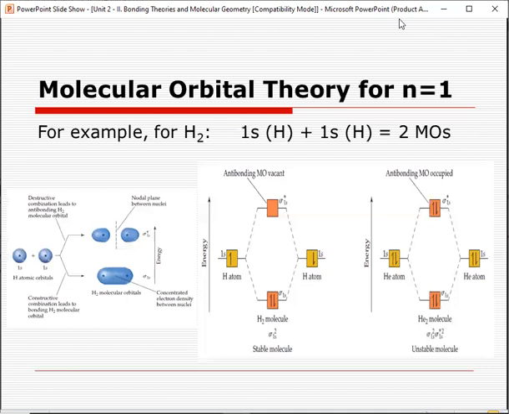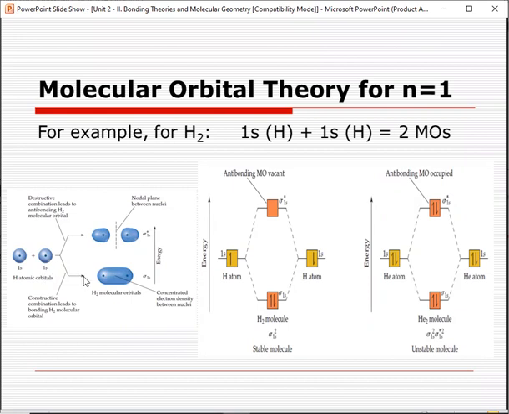So for example, H2. So there are two hydrogen atoms, which is equal to 2 molecular orbitals. So for H2, in H atomic orbitals, we know na naay duha ka hydrogen. So na siya 1s, mag-combine siya with another 1s. So, hydrogen and another hydrogen.